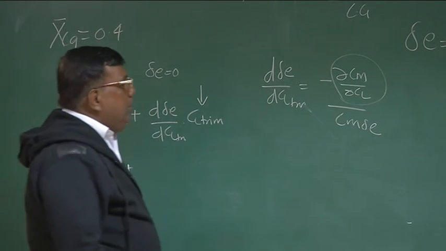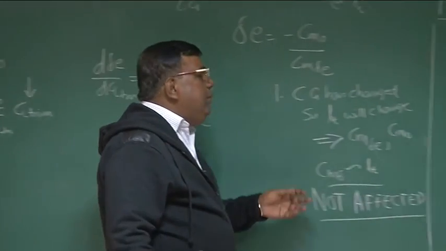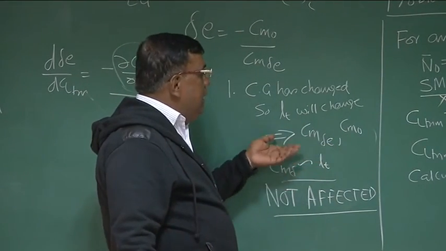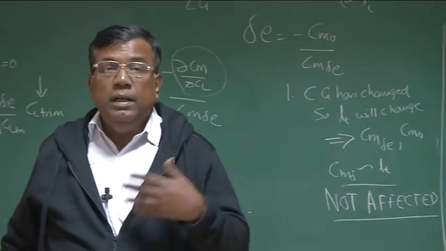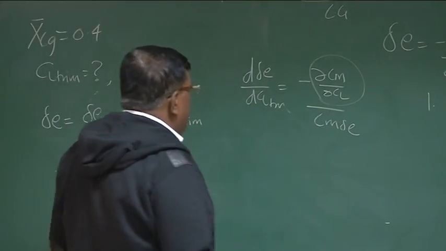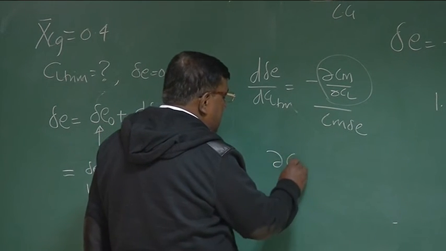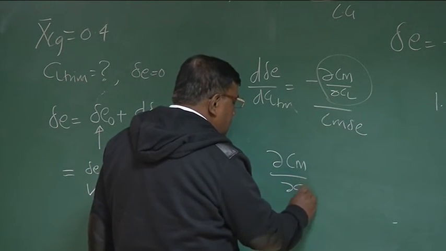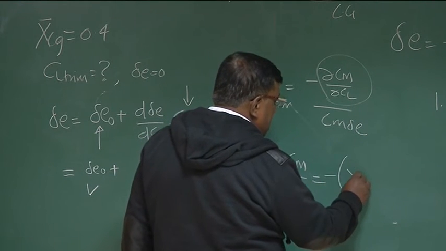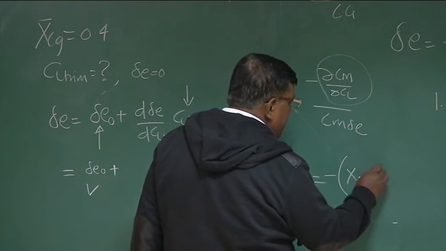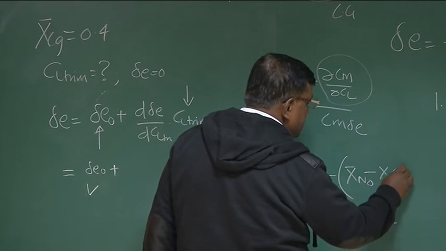Clear? Because we have only assumed that because of change in CG, Cm delta E and Cm naught are not changed. With the change in CG, dCm by dCL will definitely change in a drastic manner, because we know dCm by dCL is nothing but minus of x naught, that is neutral point, minus xCG.